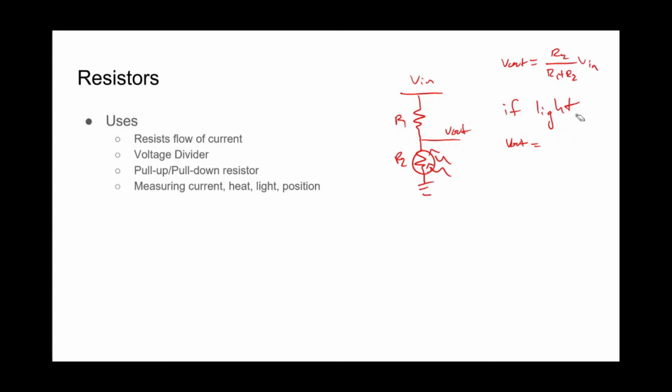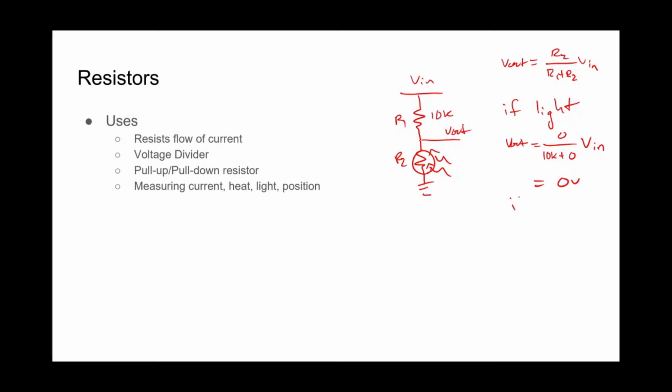So if it's light, we have a very small resistance, we'll say 0, over R1, whatever that is, plus 0 times V in. And let's assume that this is a 10 kilo ohm, because that's a good value to use. It's almost like a pull-up resistor. So we'll just replace that 10K right there, and we get 0 volts.